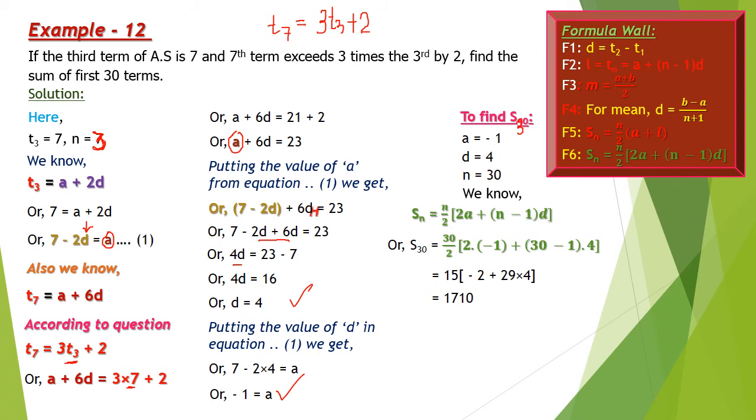The sum of first 30 terms is 1710. Hence, S30 is equal to 1710. Okay. Hope you have understood it.